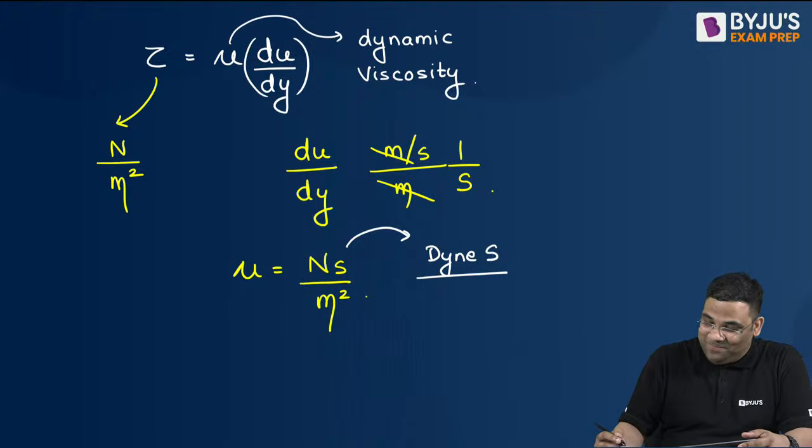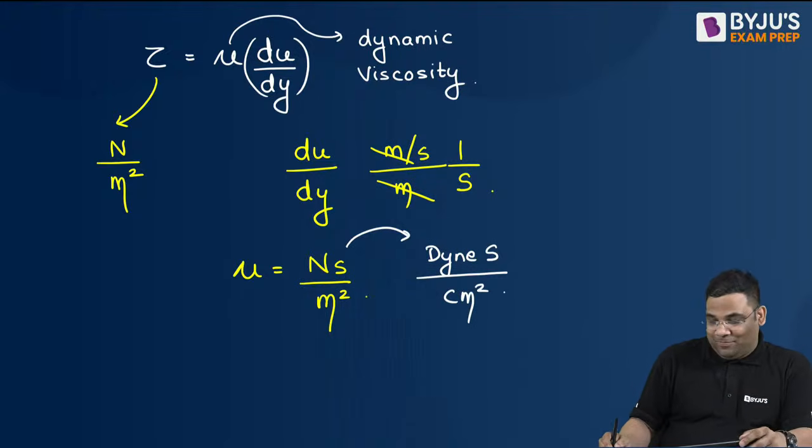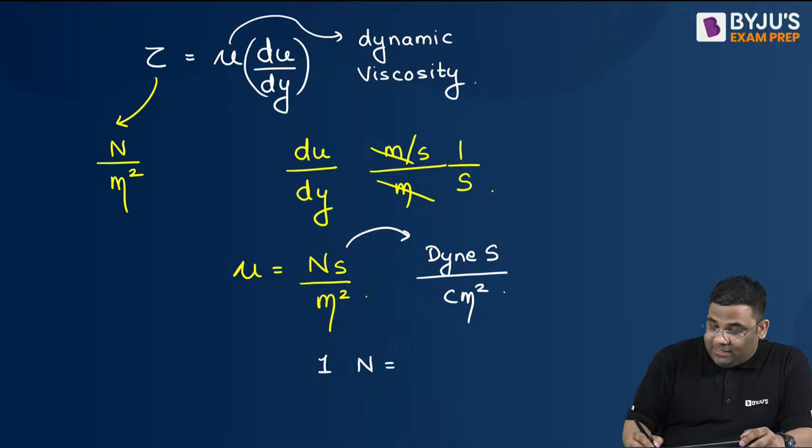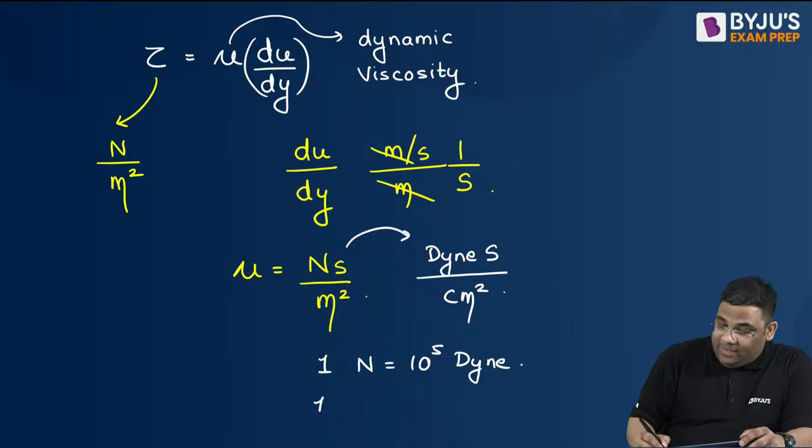Now if I convert into dyne per centimeter square: 1 Newton is 10 to the power 5 dyne, and 1 meter square is 10 to the power 4 centimeter square.